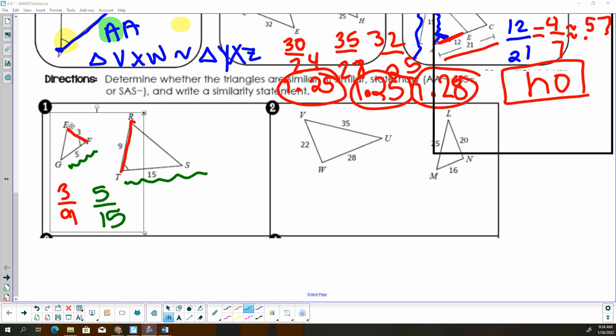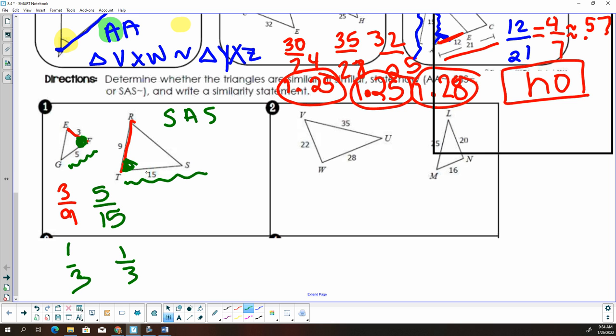So when we match them up, I just went small side to small side, long side to long side, and it looks like they both reduce to 1 over 3. In addition, they do have an angle that is congruent, which means which theorem would prove that these two triangles are similar?